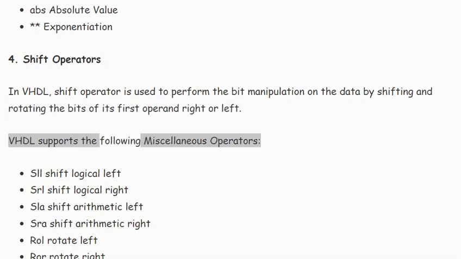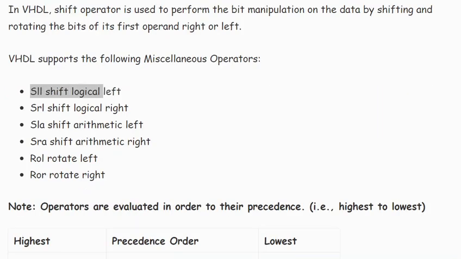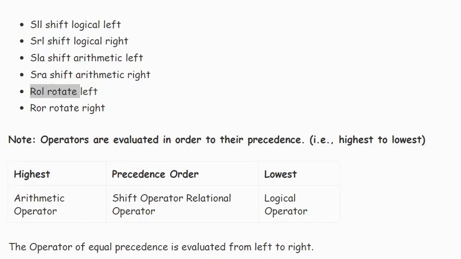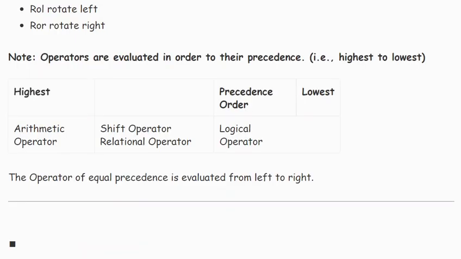VHDL supports the following operators: SLL shift logical left, SRL shift logical right, SLA shift arithmetic left, SRA shift arithmetic right, ROL rotate left, ROR rotate right. Note: operators are evaluated in order of their precedence, from highest to lowest.